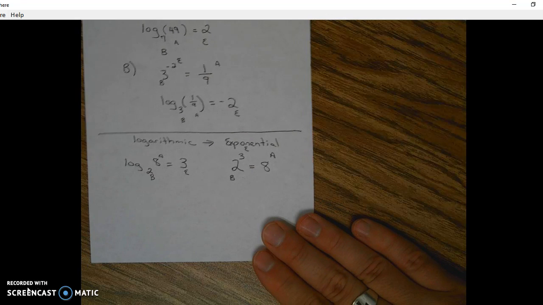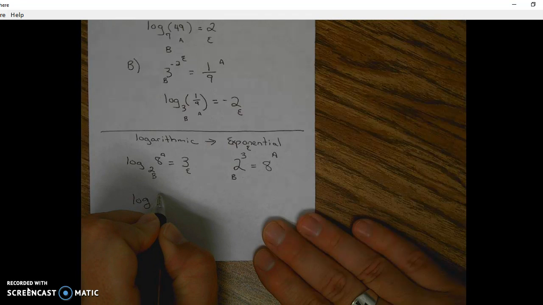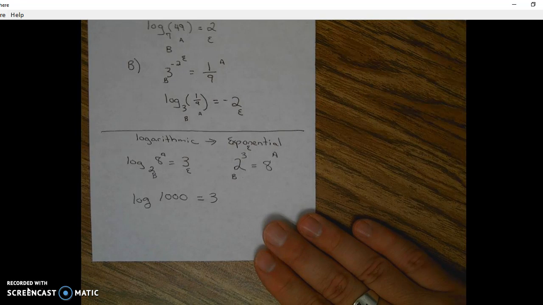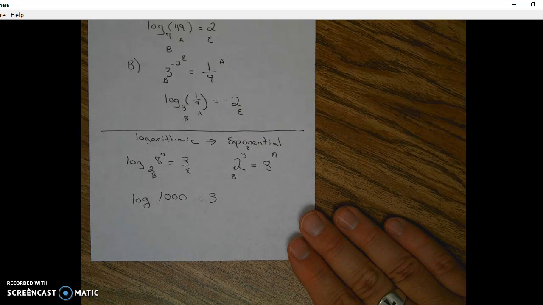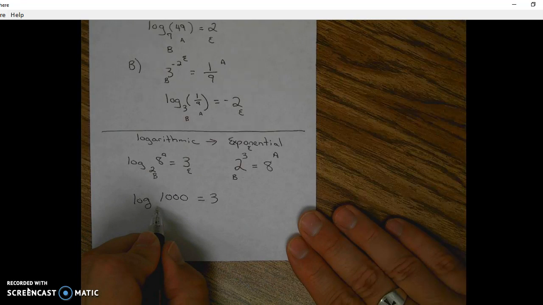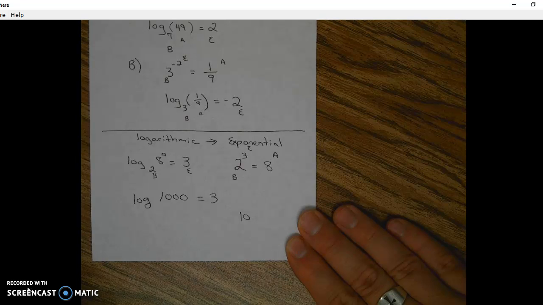Okay, let's look at another one. Log of 10,000 equals 3. Okay, we start off with base, which in this case it's a common logarithm, so we're going to start off with 10.